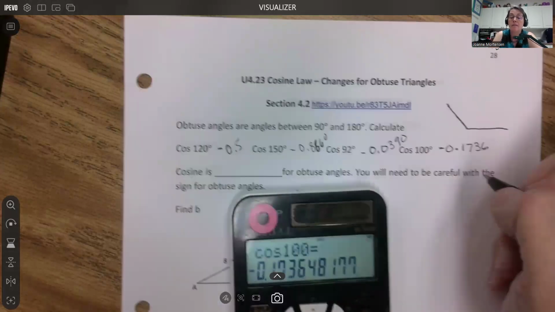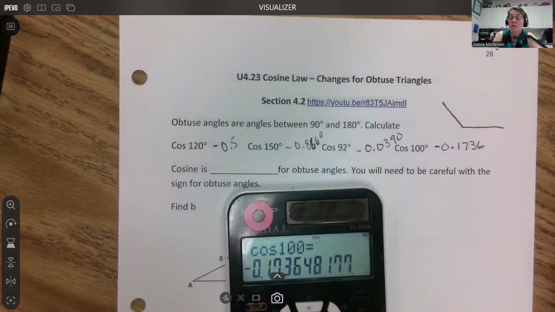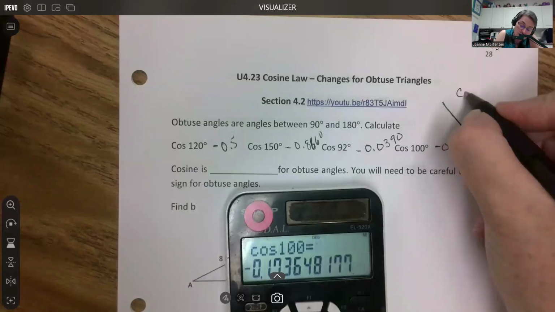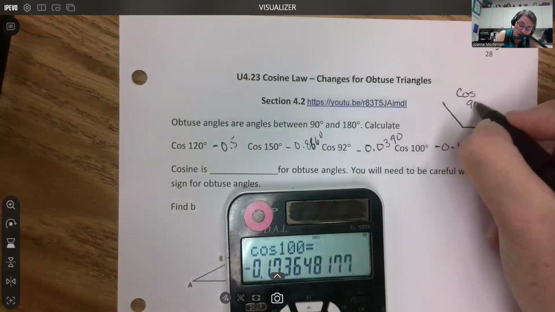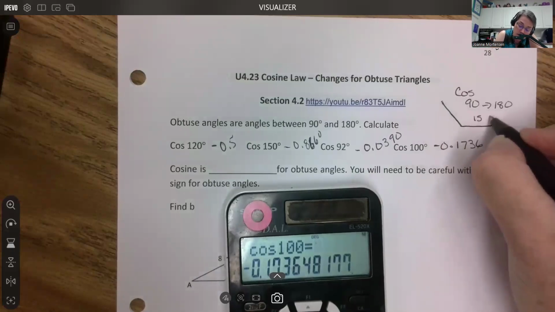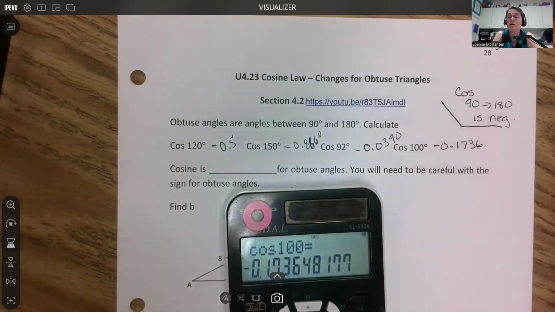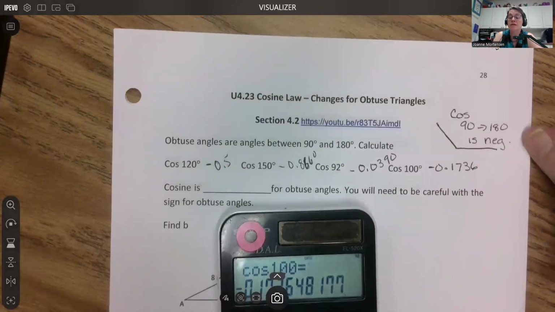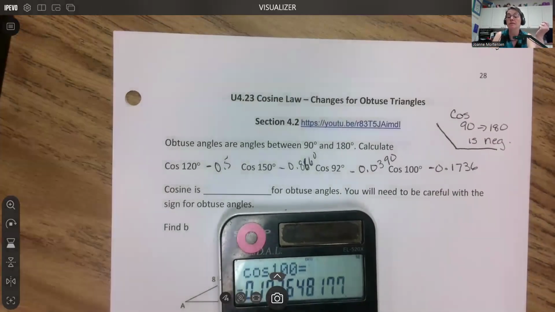So any cosine of any angle between 90 and 180 is going to be negative. So I'm going to write that cos 90 to 180 is negative. It's just something to help you remember.